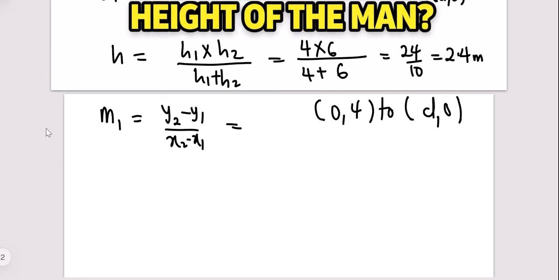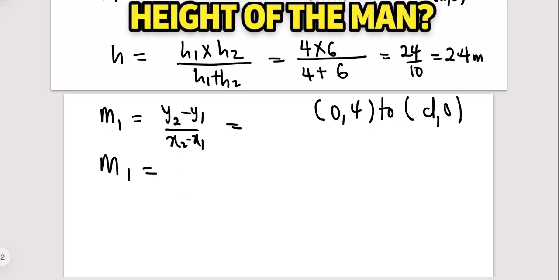And here, I'm going to have my m1 as 0 minus 4. You can put it either way, you can use the other approach.